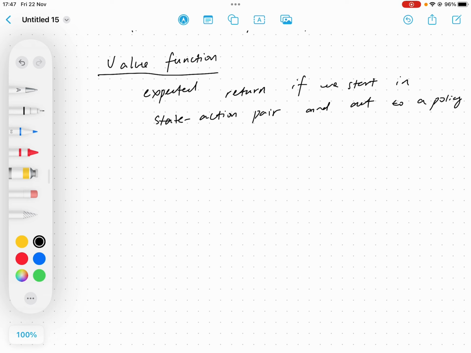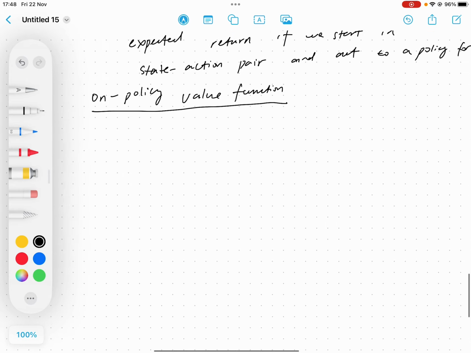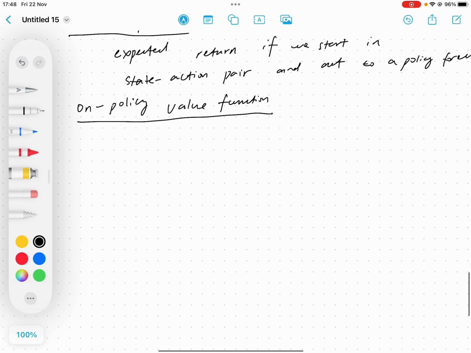So we have two different kinds of value functions. The first kind is called the on-policy value function. It is denoted by V with a superscript pi, given some state s. Notice that this s is the state where we start.